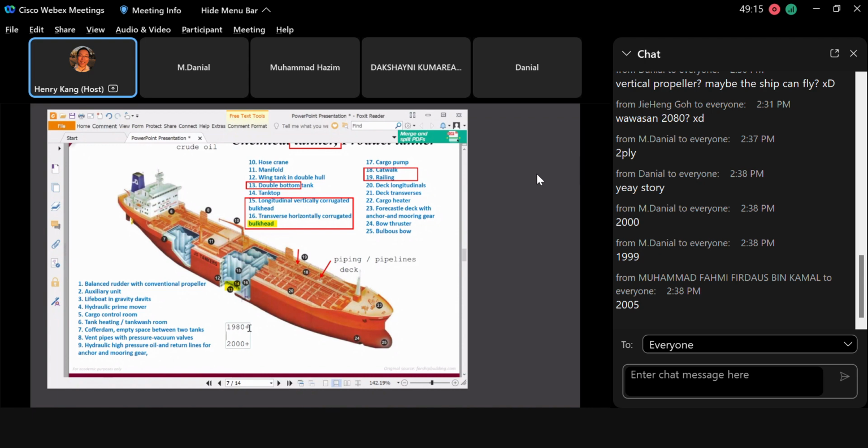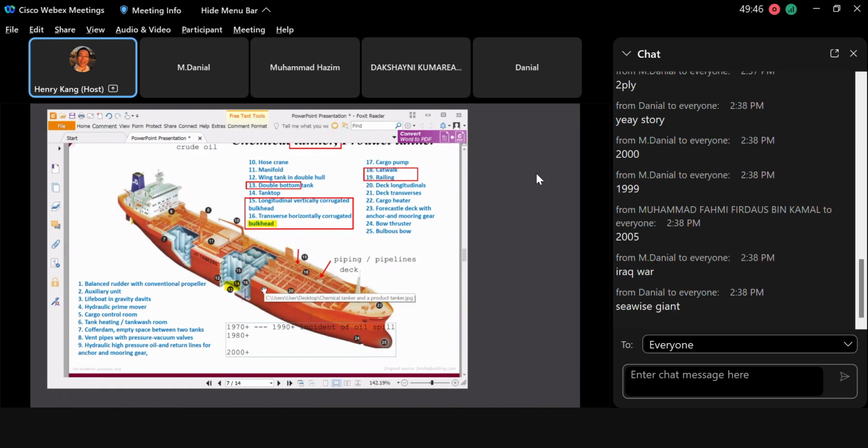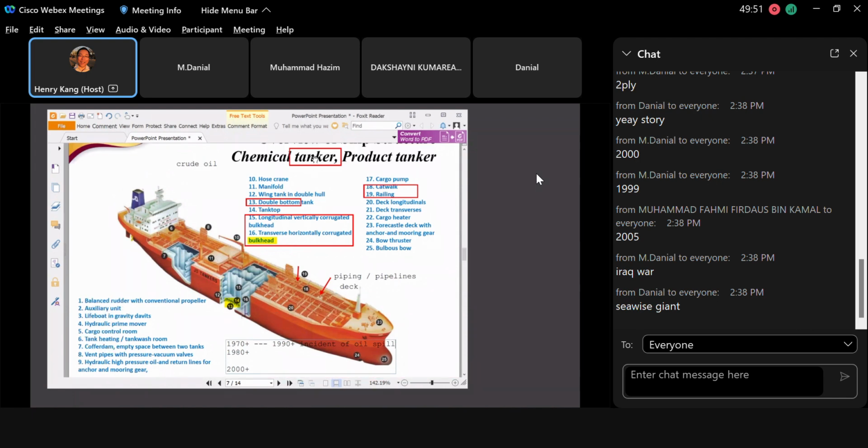During the era of the 1970s to the 1990s, there were a lot of incidents of oil leakage or oil spill. The oil spill was caused by the grounding, leakage or breaking of the tanker.